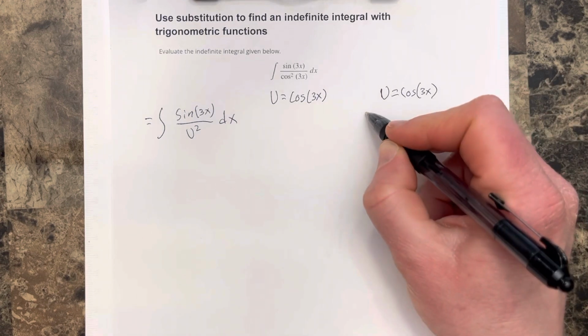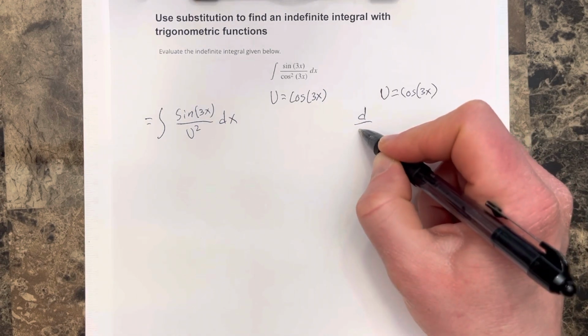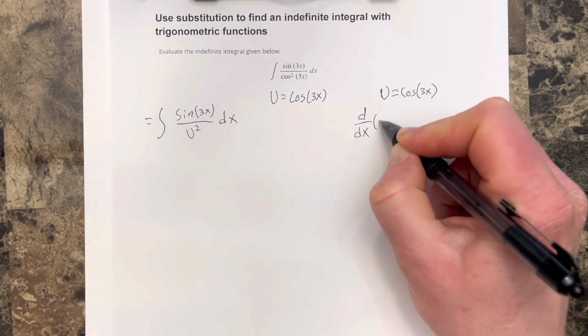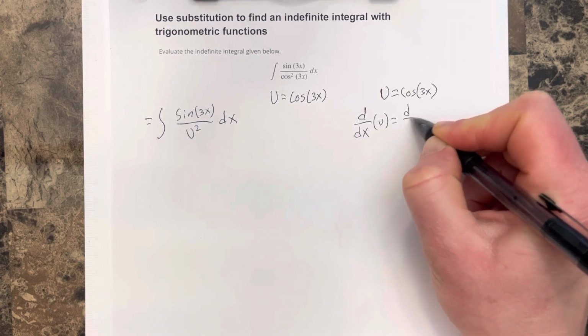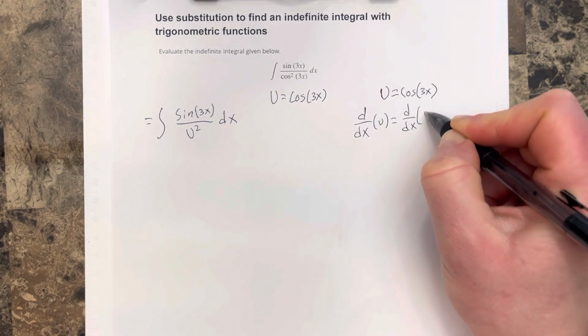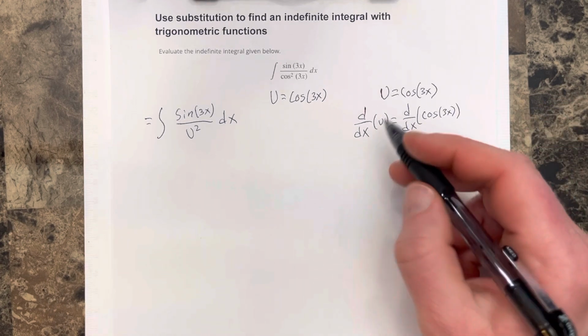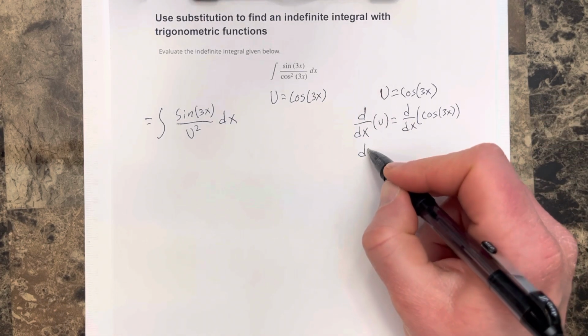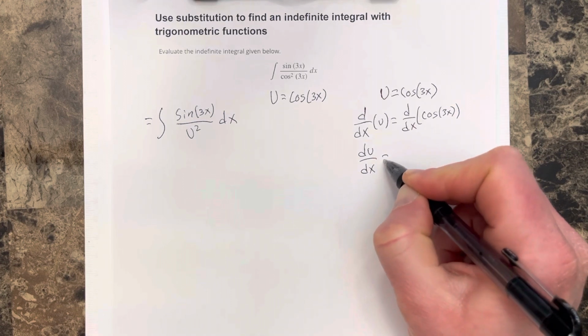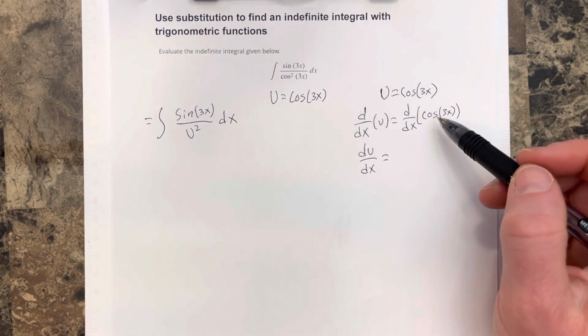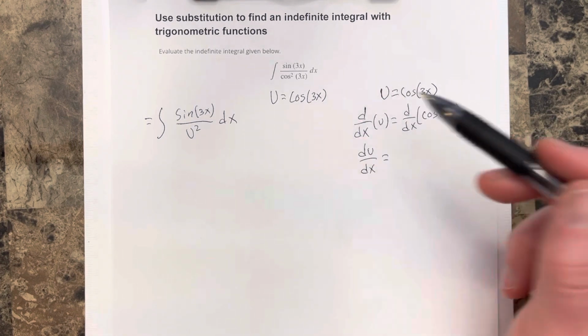I'm going to take the derivative. So derivative of u, and then the derivative of cosine 3x. When I do the derivative of u, I get du over dx is equal to, I think I said earlier that I wanted the antiderivative would give me sine.